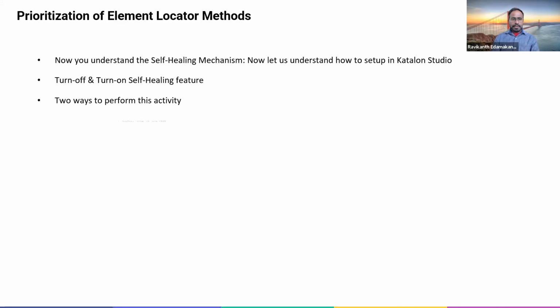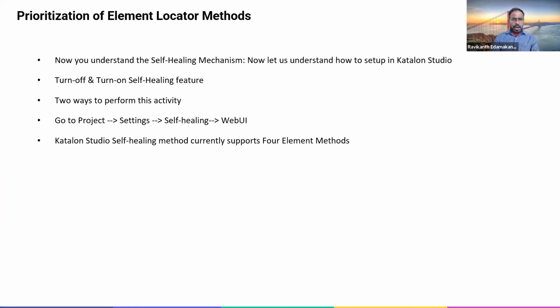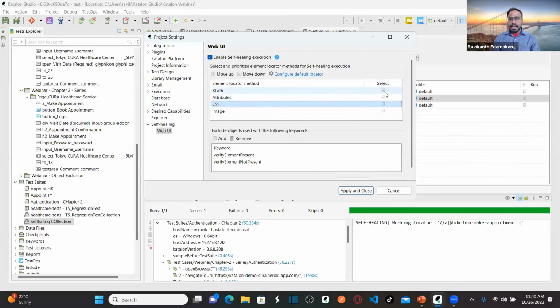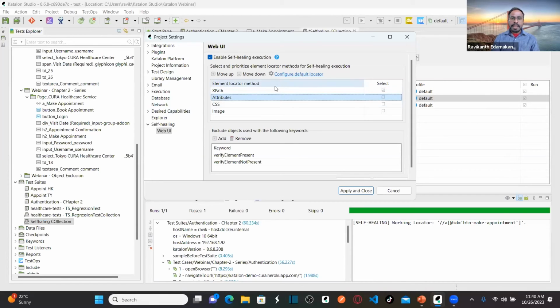Okay, so that is what this slide talks about. So you can decide to use one or multiple methods also. So let's say I want to use only these two, XPath and attribute, as my self-healing capabilities. What it does is, first, whenever your XPath is broken, it tries to identify alternative XPaths.